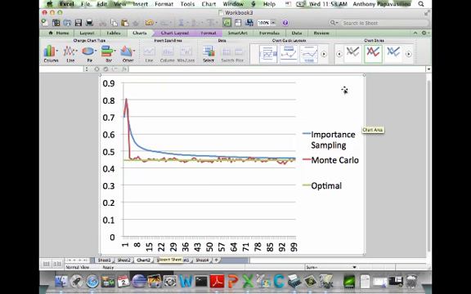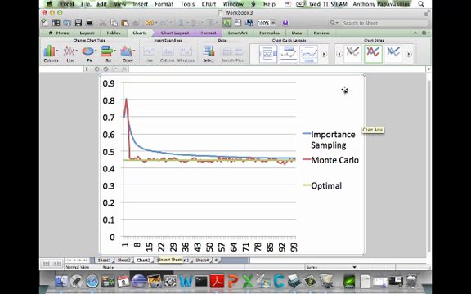So I told you in the book it's uniform 0, 1. Here I've discretized it into 10 bins. So it's a discrete distribution, so I could create input for AMPL. And so it's a slightly different problem, but it's almost the same problem. And this is the objective function value. So the moving average of the Monte Carlo, what bothers me here a lot.